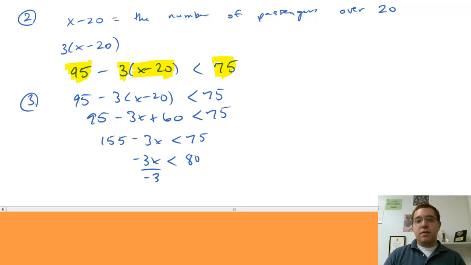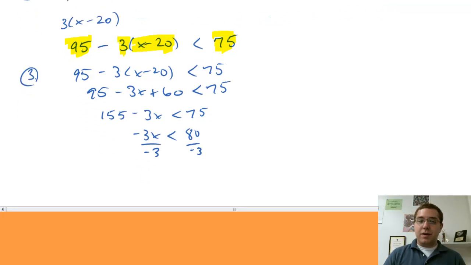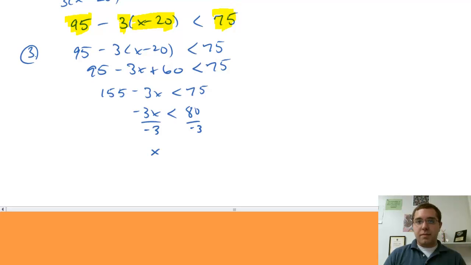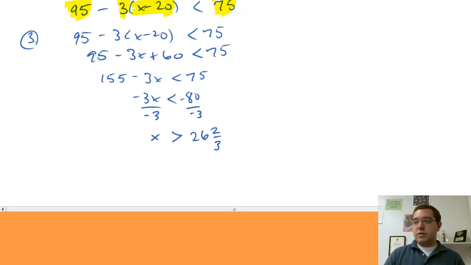And I'm dividing by a negative number, so what does that mean? I have to flip the sign. So x is greater than negative 80 over negative 3, which is 26 2/3. So x must be greater than 26 2/3. If that is the case, I'm paying less than $75 per person.